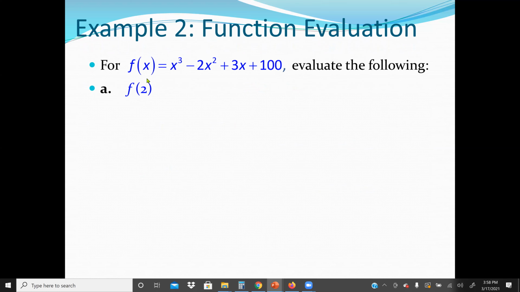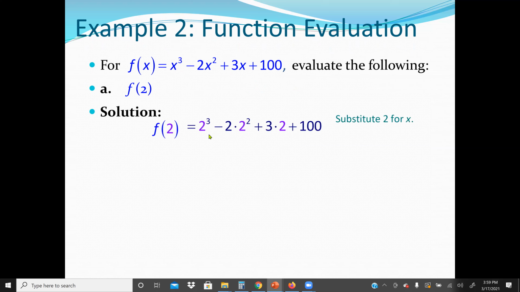We have a new function here, f at x equal to x cubed minus 2x squared plus 3x plus 100. Here we want to evaluate f at 2. It's the same concept as our previous example. Anywhere we see x, we substitute 2. Then we solve the function.